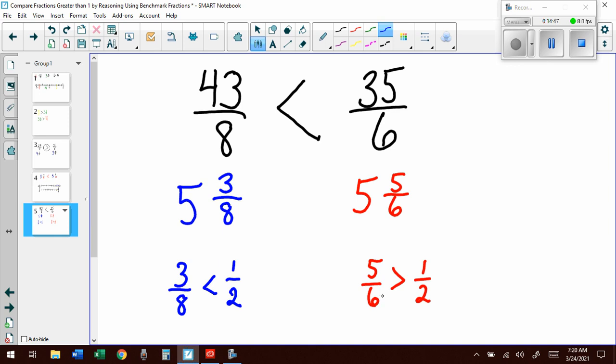And 5/6, well, that's 1 away from 1 whole, so it must be more than 1/2. So it's greater than 1/2. So today's lesson is not groundbreaking new. You have all these skills. Now you're putting them into practice.